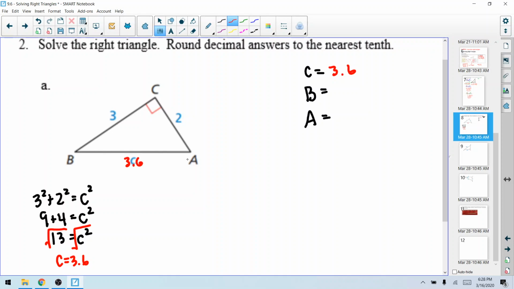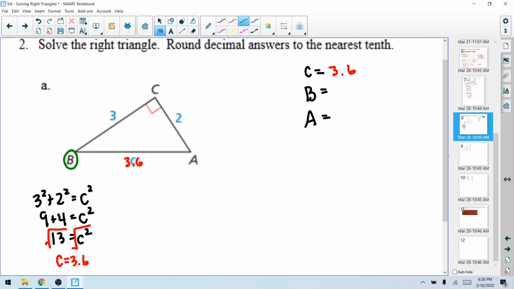We now need to get angle A and angle B. I do know that all the angles in a triangle add up to 180 degrees, but at the moment I don't have enough information to go with that, so I'm going to pick angle A or angle B, it doesn't matter, and I'm going to go with angle B. When I'm doing a trig ratio here, we've got an opposite side, an adjacent side, and a hypotenuse. You just found the hypotenuse is 3.6.